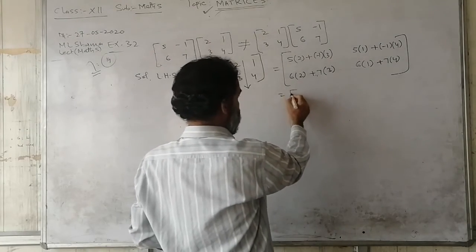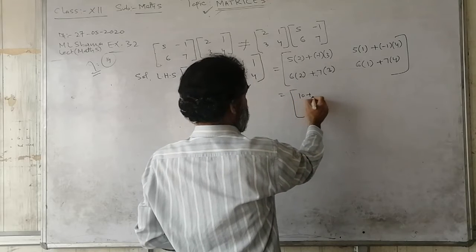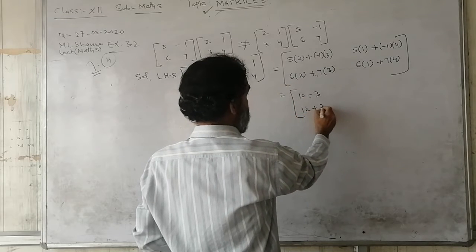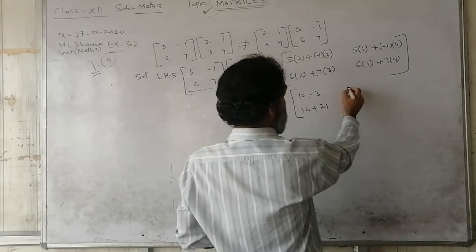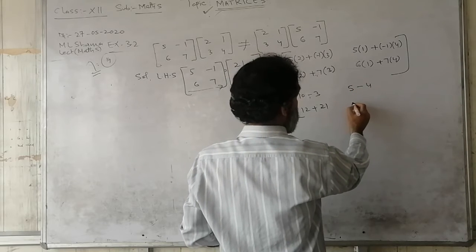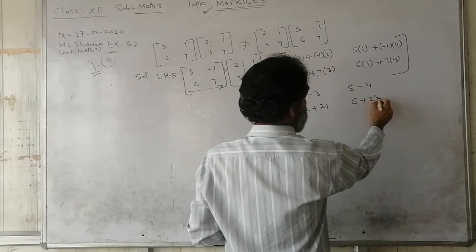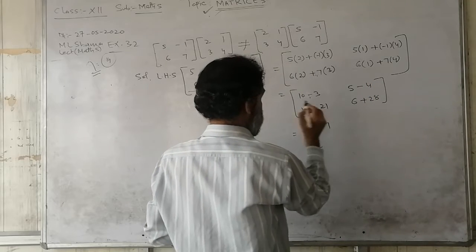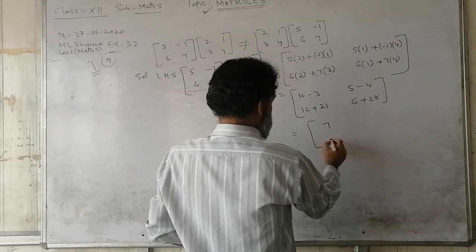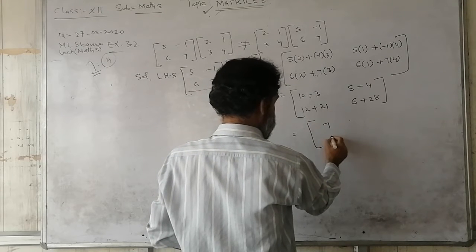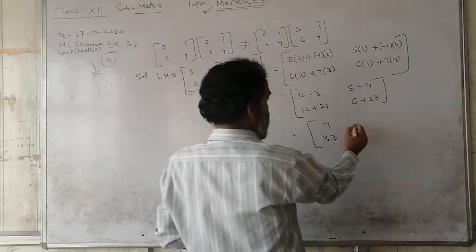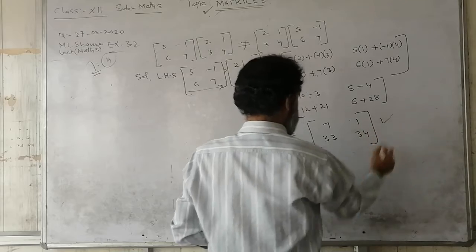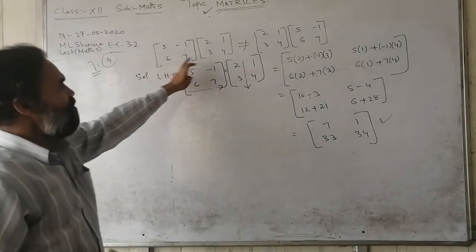So this will equal to 10 minus 3, 12 plus 21, 5 minus 4, 6 plus 28. So this will finally equal to 7, 33, 1, 34 here. So this is the product of the first two matrices.